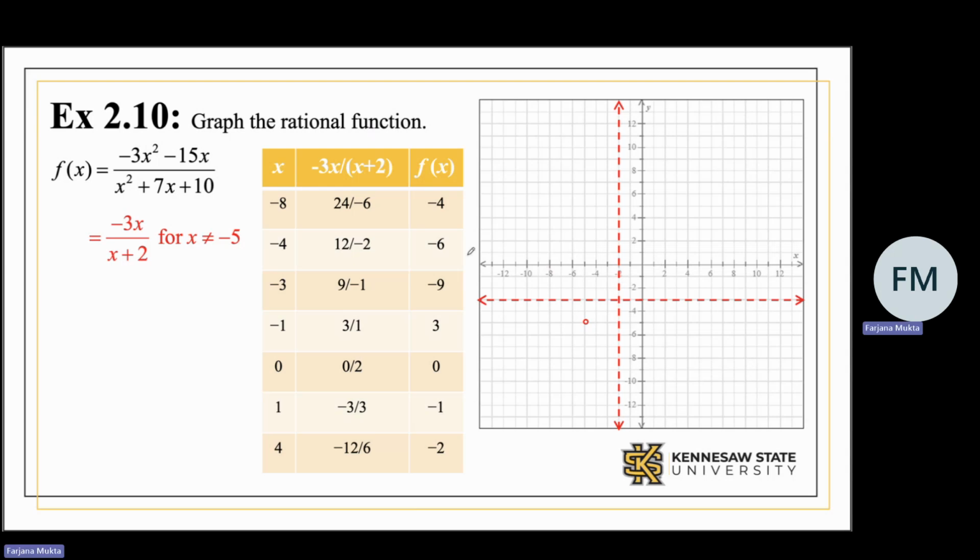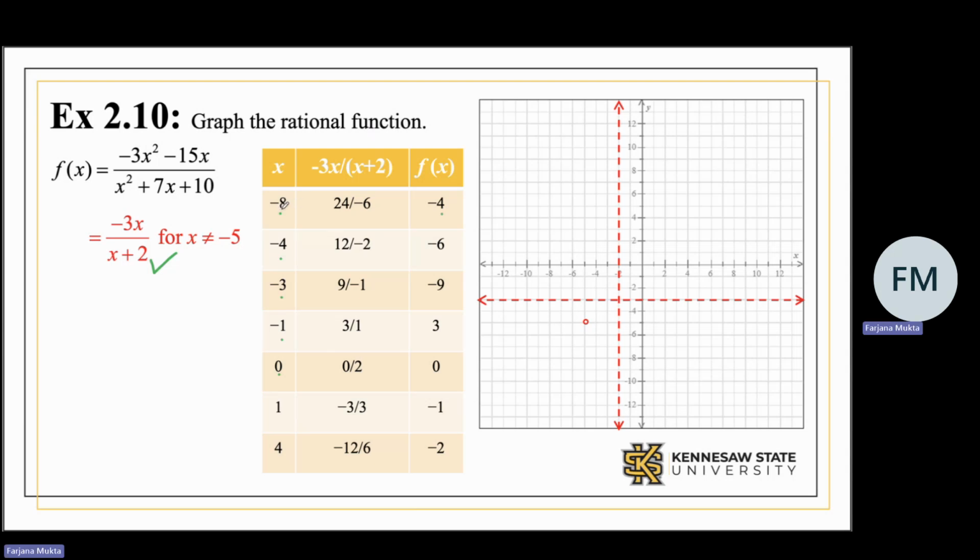From the left, we picked x equal -8, -4, -3. From the right, we picked -1, 0, 1, 4. And we plugged these x values into this simple form of the function to find the corresponding y values, right?